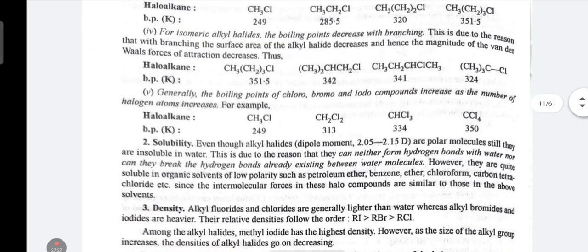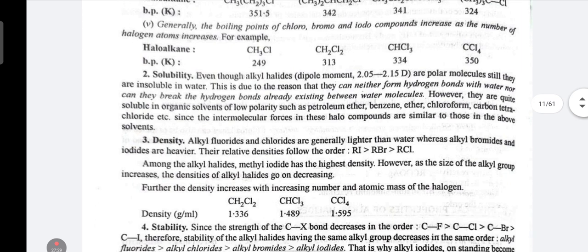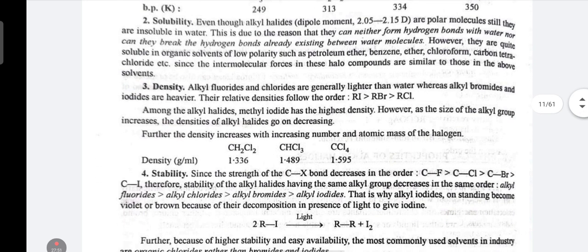Now we will discuss solubility. Even though alkyl halides are polar molecules, they are insoluble in water. This is because they can neither form hydrogen bonds with water nor break the hydrogen bonds already existing between water molecules.